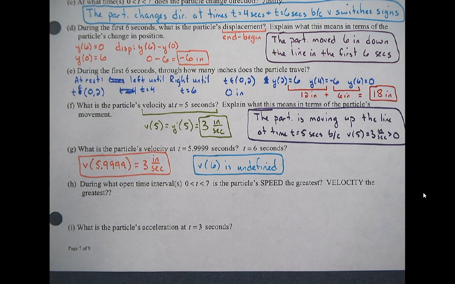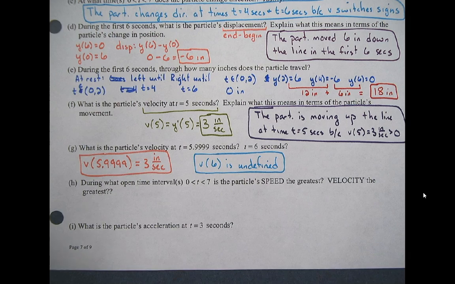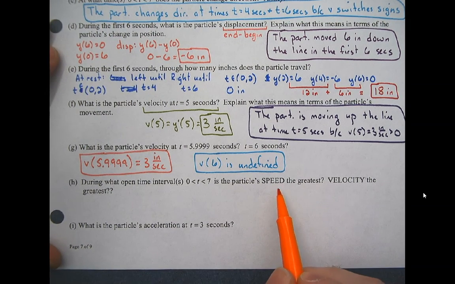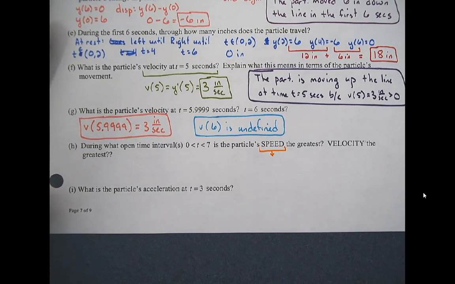During what open time intervals is the particle's speed the greatest? So let's take our time here and remember again, what is speed looking at? Speed does not have direction. Velocity has direction. 30 miles per hour is different than negative 30 miles per hour when you're talking about velocity. When you're talking about speed, that's not the case.